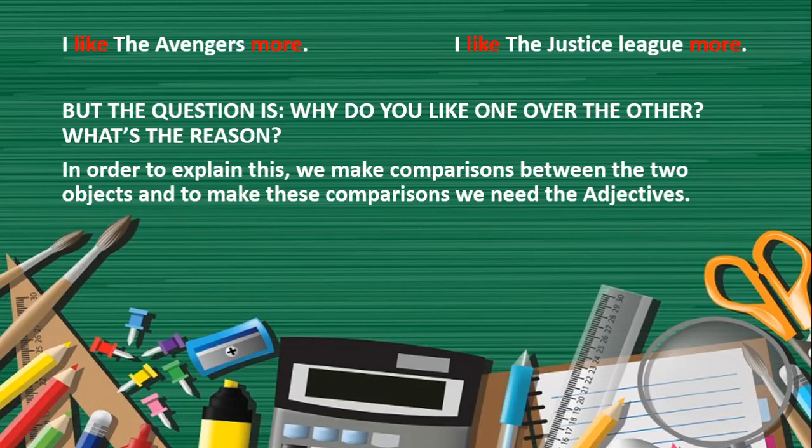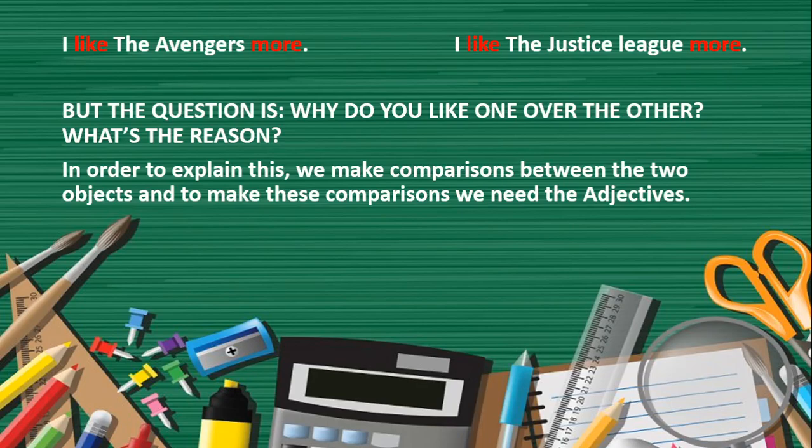As you can remember, the adjectives are like characteristics, attributes that a person, an object, a thing has. For example, my cell phone is amazing. I am talking about my cell phone. What is the characteristic of my cell phone? It's amazing.